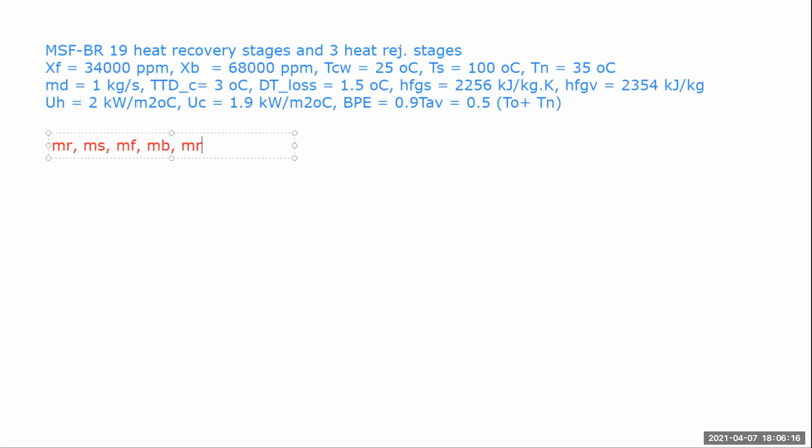Anyway, it does not make much difference the order in which it has been requested. Brine heat transfer area, condenser area in the heat recovery section, condenser area of the heat rejection section, the distillate flashed at stage number 10, and the brine rejected at stage number 8. So that's typically the kind of requirements that would be associated with an MSF system.